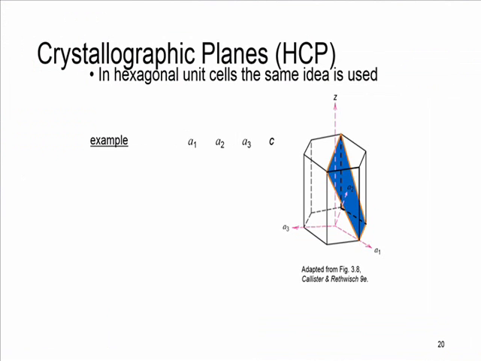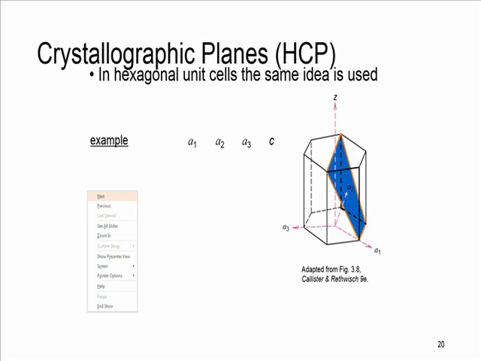Okay. How do we find the Miller indices or crystallographic planes in a hexagonal unit cell? It's presented here, and it follows the same procedure as the cubic unit cell, what we went through in the cubic unit cell.